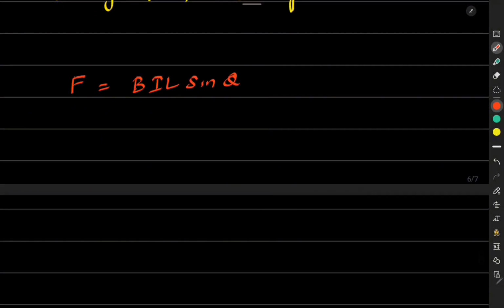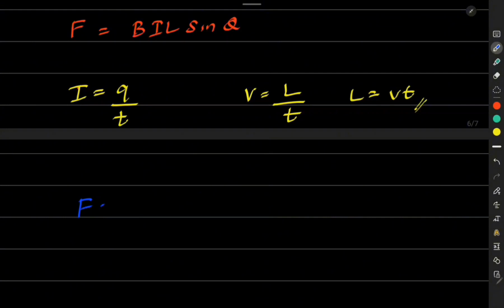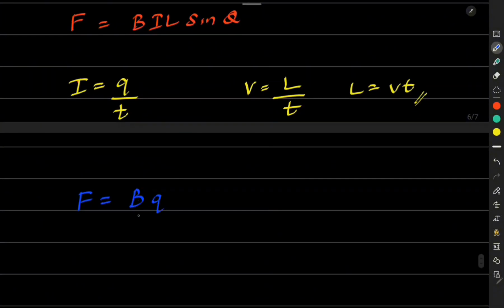We also know that I equals Q over T, and velocity V equals distance divided by time; we take the distance as L, so V equals L over T. If we substitute these, with L equal to V T, F equals B times Q over T times V T sine theta, and the T's cancel. So F equals BVQ sine theta.